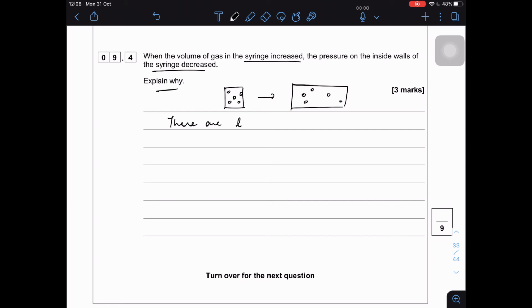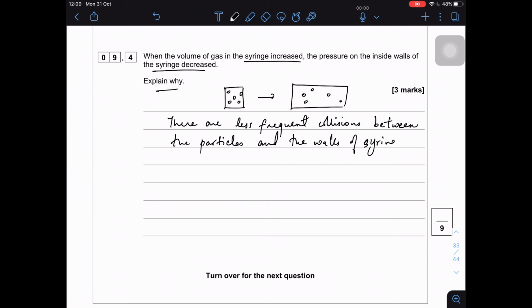So there are less frequent collisions between the particles and the walls of the syringe.